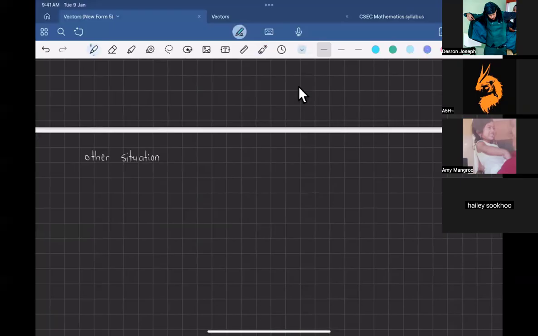Guys, remind me, do all vectors have to start from the origin? No. So this is what happens when you have a position vector and a displacement vector at the same time.